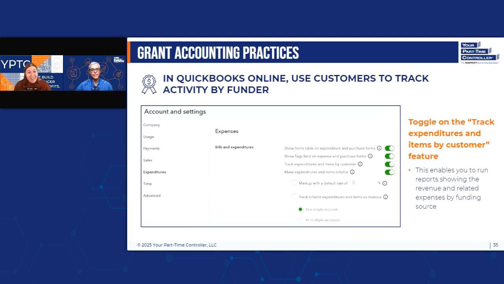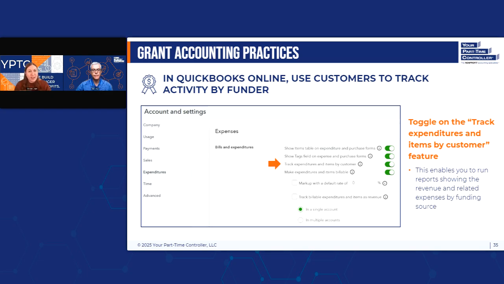So here's the next dimension. This is how you can break out funder level details. So if you're following me, we now have account level tracking through our chart of accounts, program and function level tracking through our classes, and the next setting is using customers in QBO. One more dimension. We can use the customer dimension to track activity by funder. And this setting lets you track both the receipts that are coming in and your spending, your expenses related to the grant.